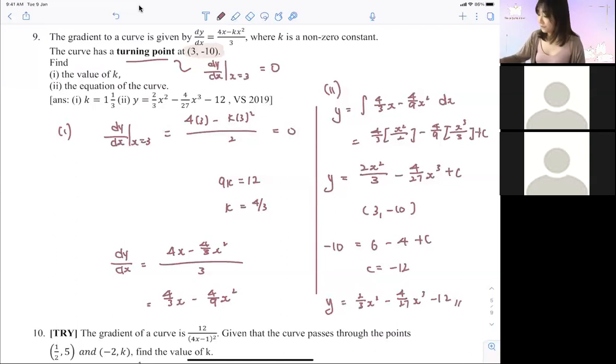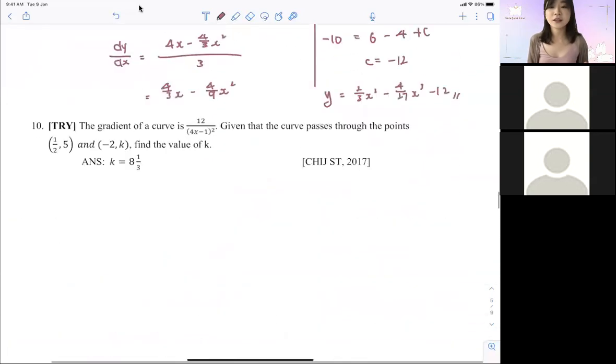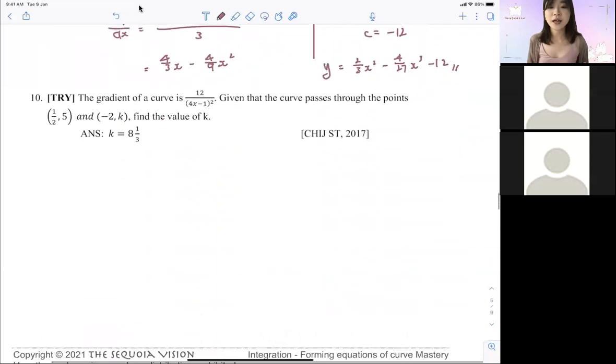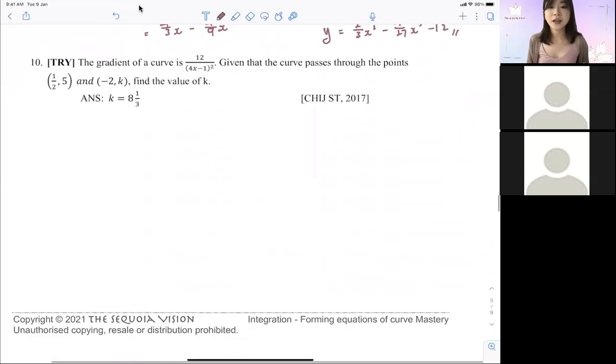Got it? Okay. And move on, Ken. Move on? You want to try yourself? Then, both of you want to try yourself? Yeah, please. Okay, try yourself then.